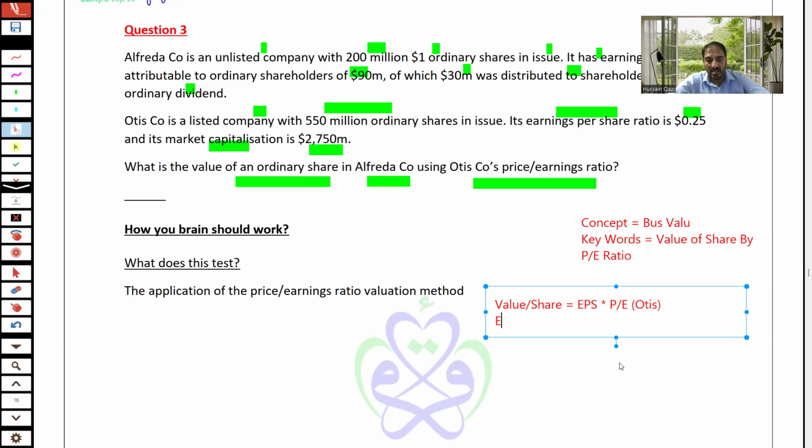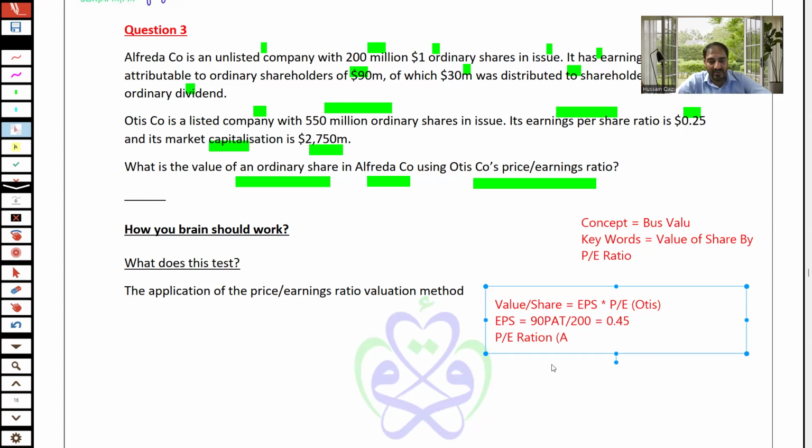So what is required? Number one, you require EPS of Elforder. That's 90 divided by 200 million. 90 is the profit after tax, divided by 200. So 90 divided by 200, that's 0.45. Just calculated.